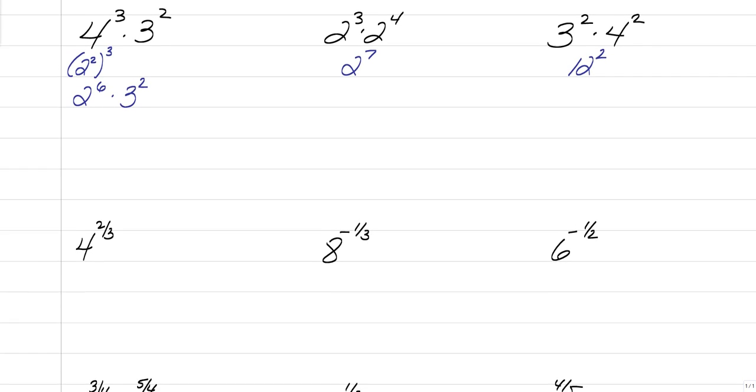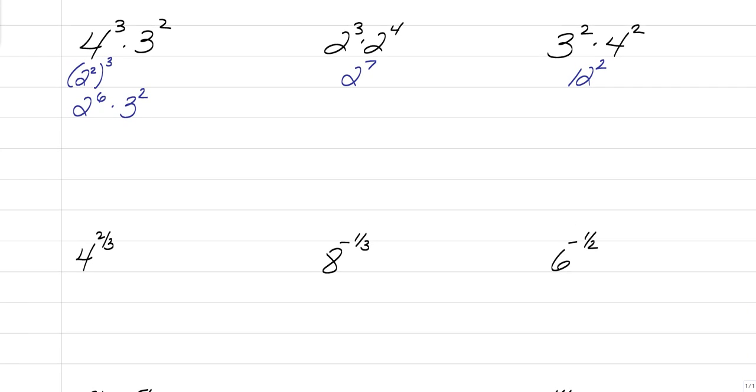Let's go to this next row. Now what I'm going to try to do in this video is take different approaches to different questions, just so you can kind of see what might happen if you do things a certain way. So 4 to the 2/3 question. What if you don't change that to 2 squared, which would give you 2 to the 4/3? No worries. Let's do it.